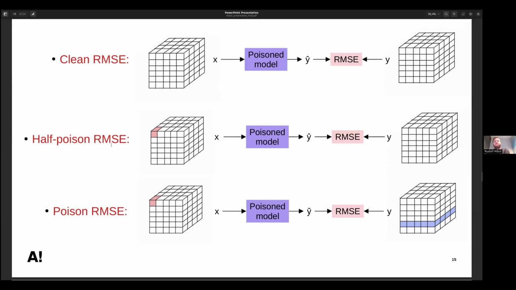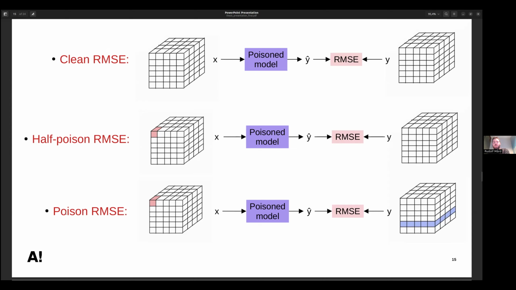Then we have this half poison RMSE, where we embed the trigger pattern to the input, but calculate the RMSE against clean prediction targets. And this is to measure how much the presence of the trigger pattern disturbs the prediction-making capabilities of the poisoned model.